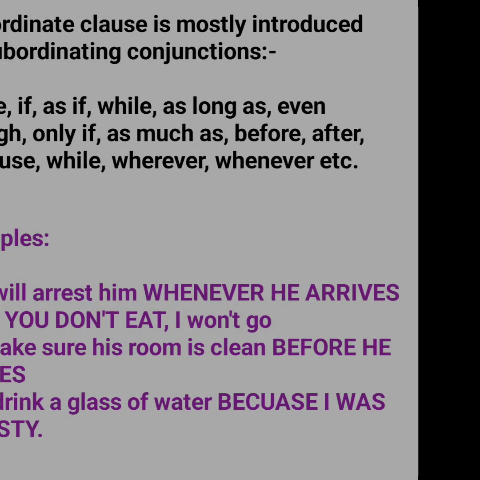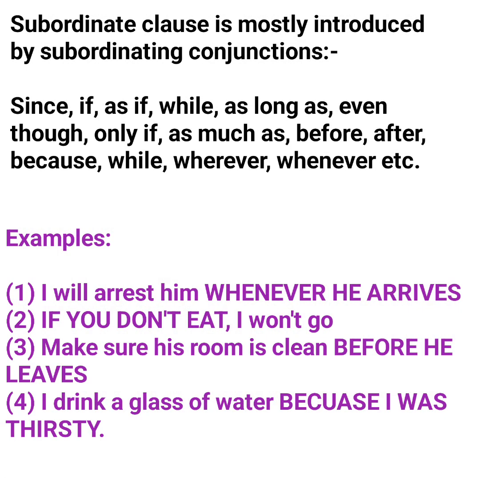Having known the definition for subordinate clause, the next thing to know is how do I identify a subordinate clause in any given sentence? It is very easy. We have what is known as subordinators or subordinating conjunctions. And they are since, if, as if, while, as long as, and so on and so forth.